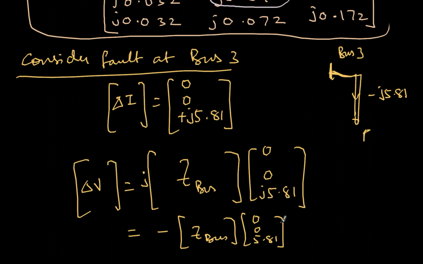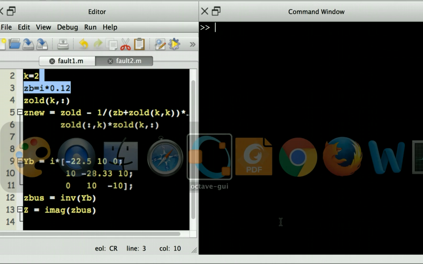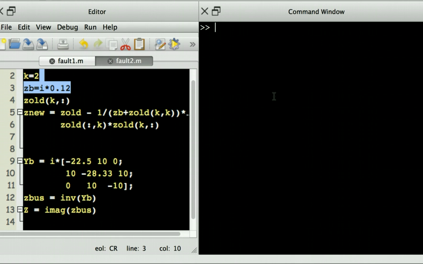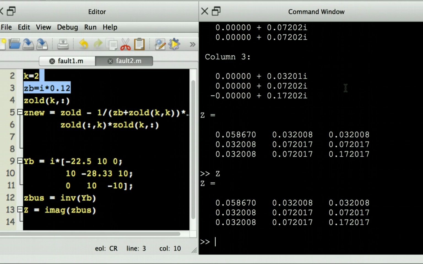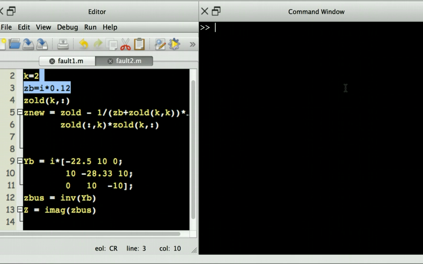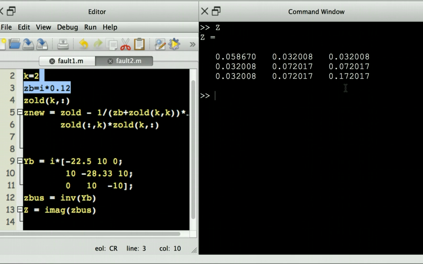I go back to my MATLAB interface and run the earlier code. In the variable Z, the Z bus is stored already. So I just multiply this as a matrix multiplication with 0, 0, 5.81.